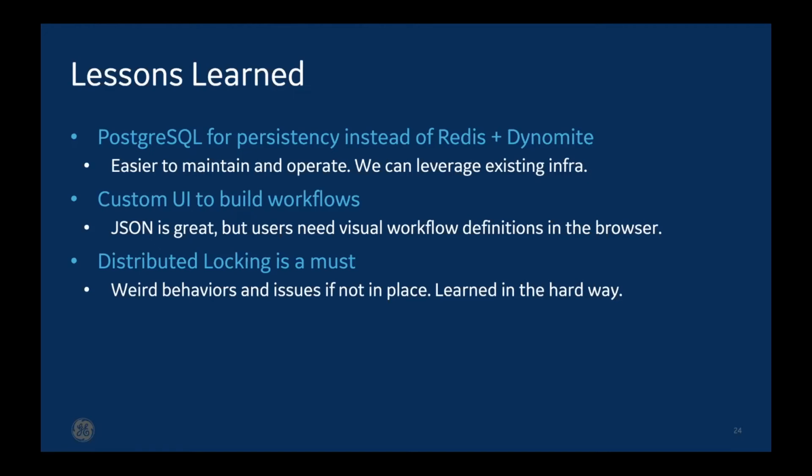Tasks in our workflow that depend on a previous task were failing because they were executing and the previous task was not giving the output. Then we enabled the distributed lock using Redis, and once we did, a lot of issues went away.